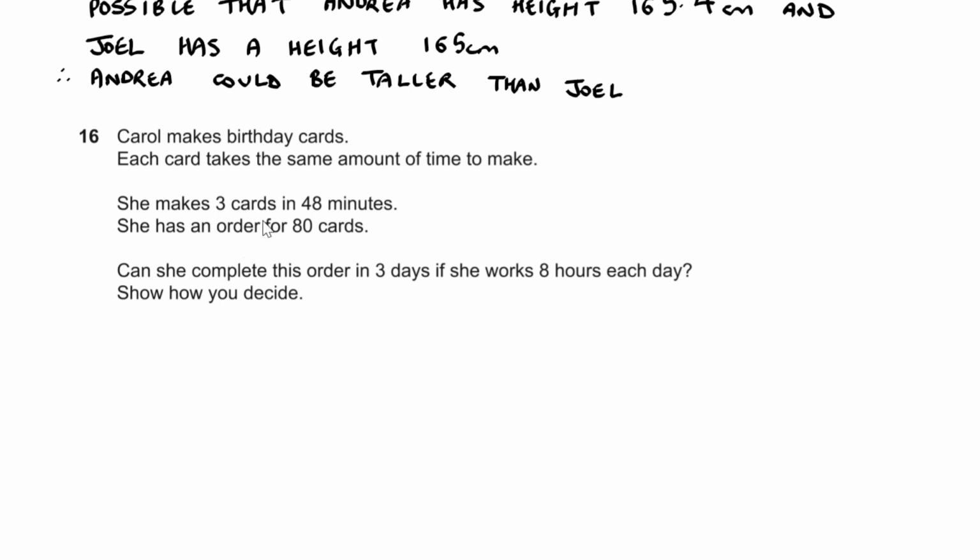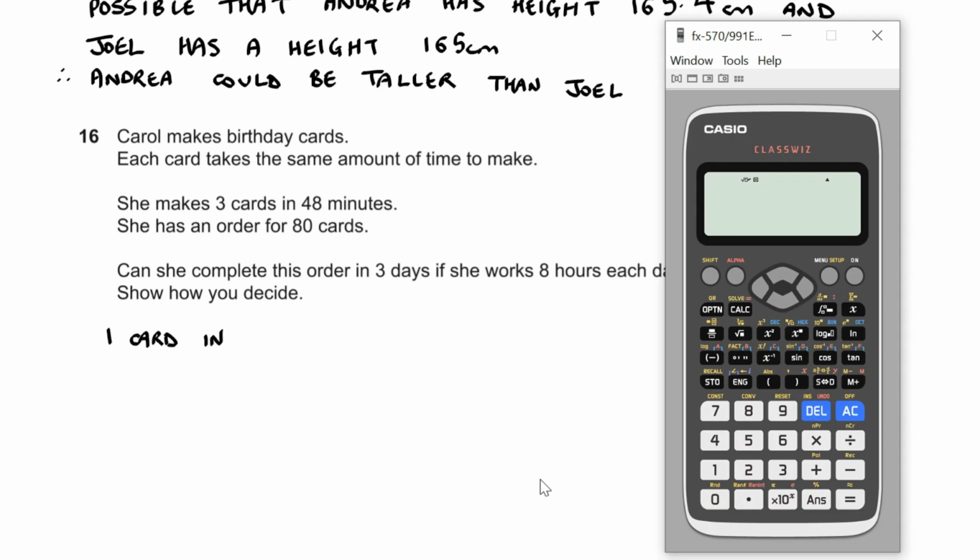Well, if she's working at a constant rate, then we'd have 3 cards in 48 minutes, so 1 card will take 48 divided by 3, which is 16 minutes. So 1 card takes 16 minutes.